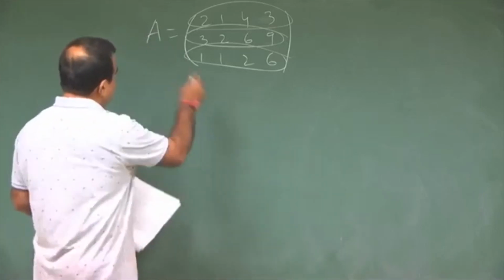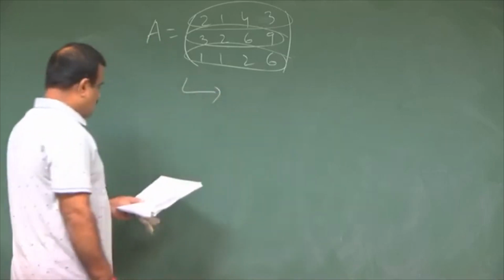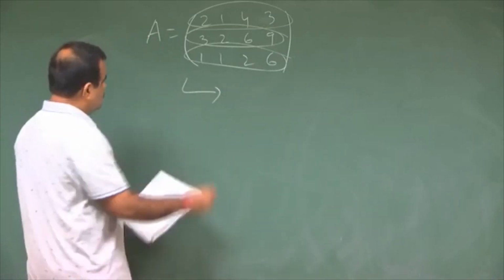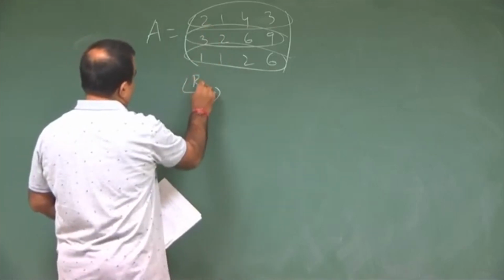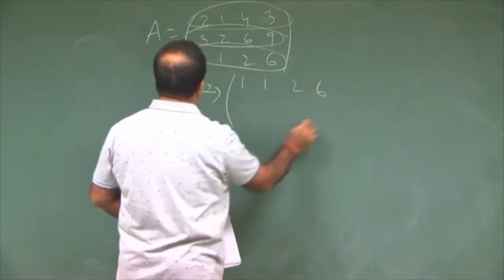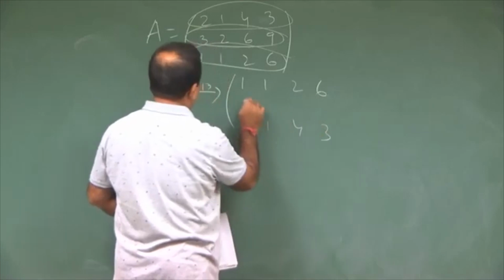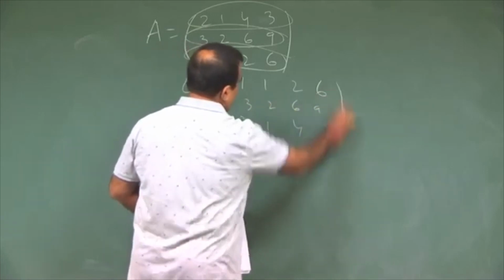So, let us take this matrix. We first apply a row operation. We exchange the rows R 1 and R 3. So, this will become 1 1 2 6, and this will come here, and the other row will remain the same.